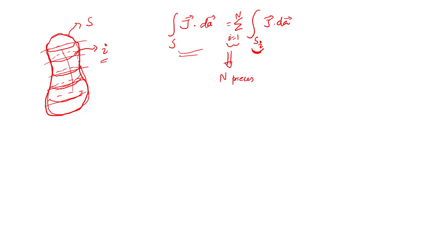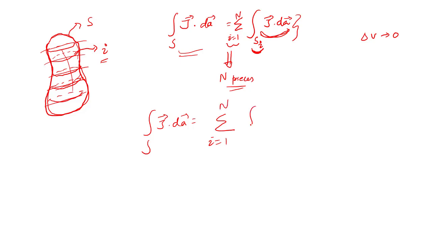Because if I divide the pieces to be very small, that is, if we have delta V going to 0, to avoid each term itself going to 0, we rewrote this as the overall surface integral of J dot dA. We wrote it as the sum over I equal to 1 to n of the integral over S_I of J dot dA.